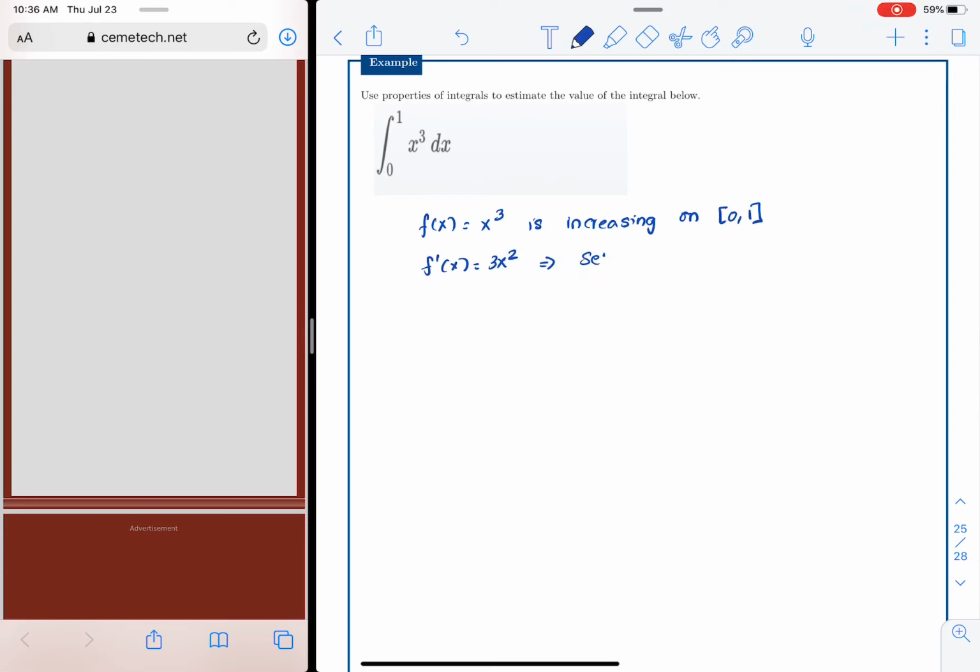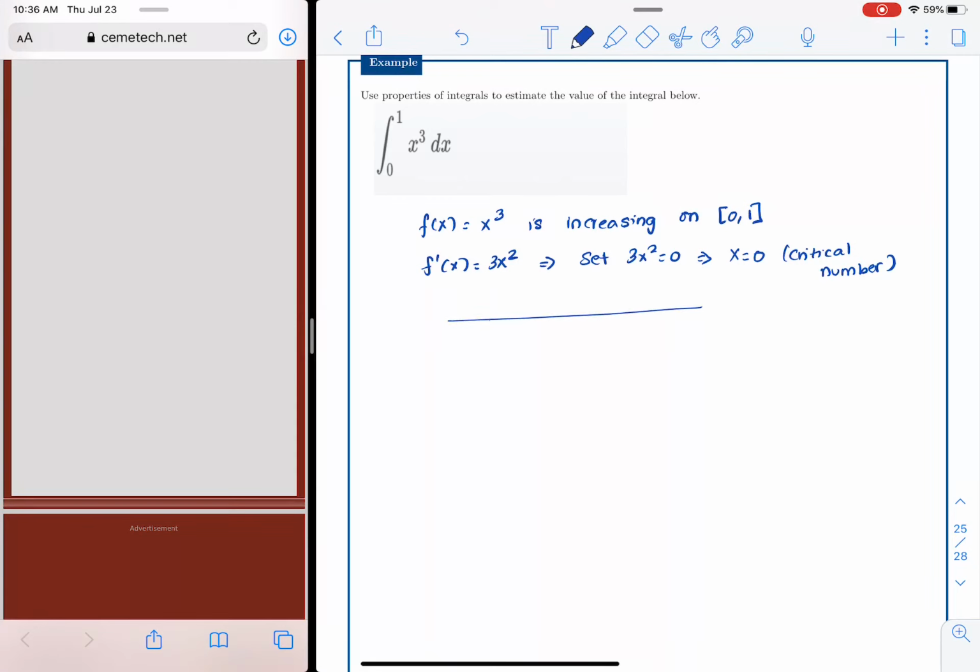If we set 3x squared equals 0, we would have x is equal to 0. That would be the critical number. I'm doing the first derivative test. So pick an easy test point, say 1. F prime of 1 is 3 times 1 squared. It's positive, so the function is increasing.